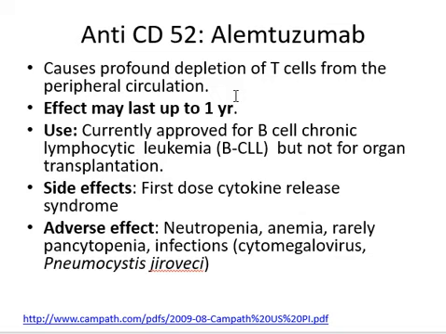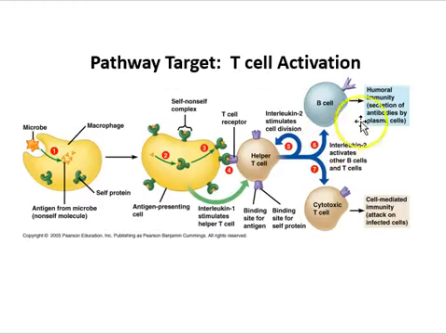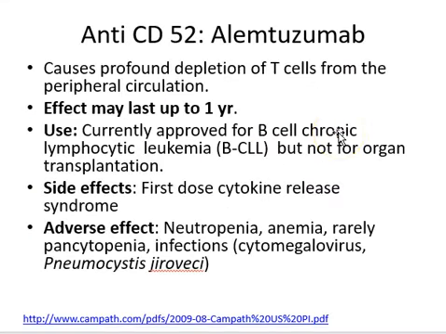Alemtuzumab is more of a non-specific, global T cell suppressor. One could argue, why would you use a T cell suppressor for a B cell lineage disease? Well, what's producing the B cell activity is actually T cell dependent. So that's the justification here.